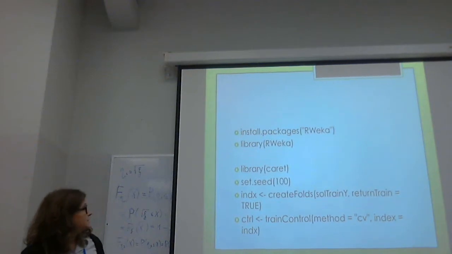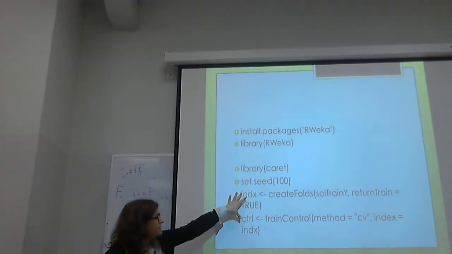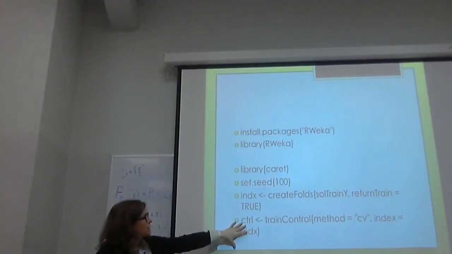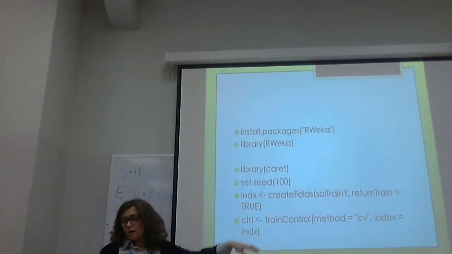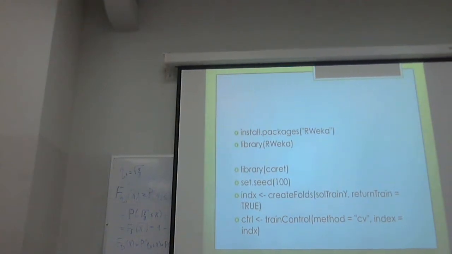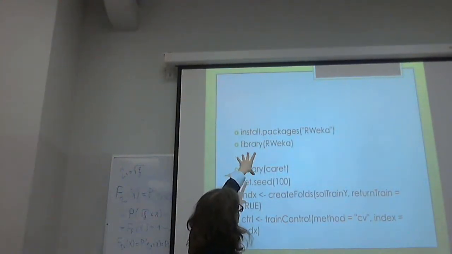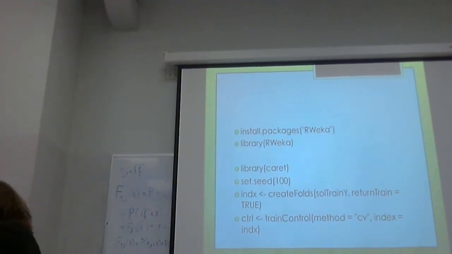Hopefully it works. This is the same as you have already. You don't have to type it again. This goes from our last analysis. The only new thing here is to install the package RWeka and to load the library RWeka.